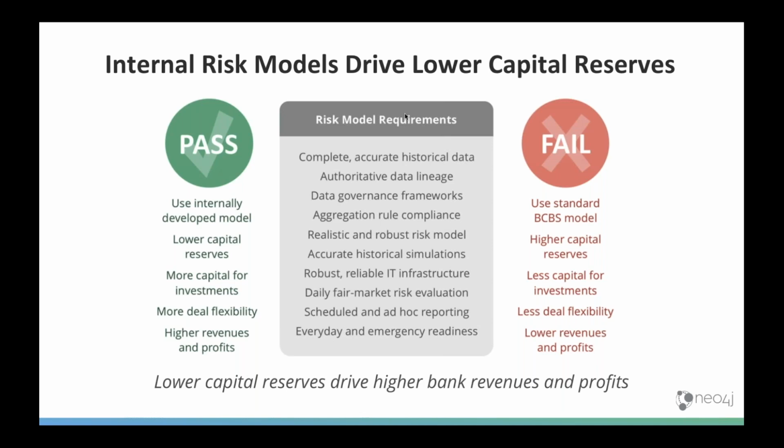Using your own risk model is beneficial for the banks because they get a lowered capital reserve ratio based on the specific model that they have computed, based on historical back testing going back 10 years. So they've built a model using actual asset prices back 10 years.